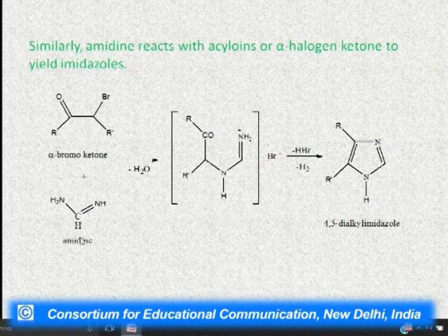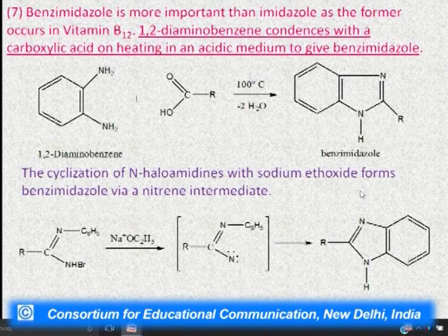It will react with this amidine molecule and will lose 1 molecule of water to make an unstable intermediate, which will immediately lose one molecule of hydrogen bromide and one molecule of hydrogen and will cyclize immediately to give the 4,5-dialkyl imidazole nucleus.